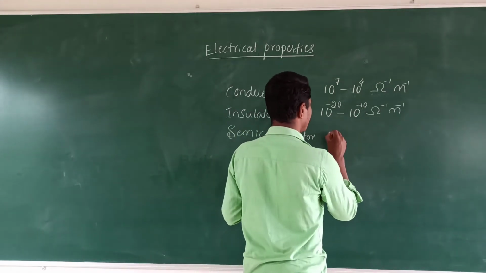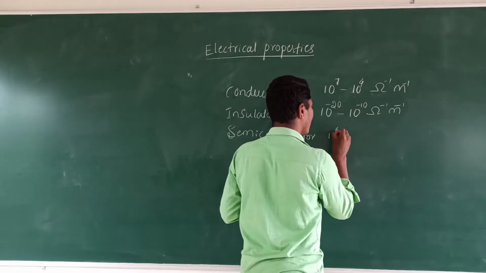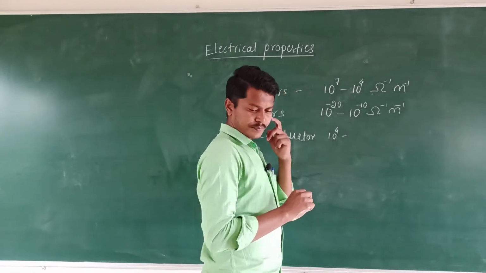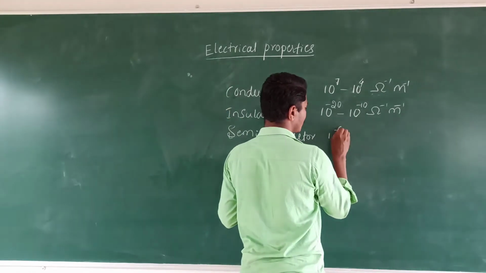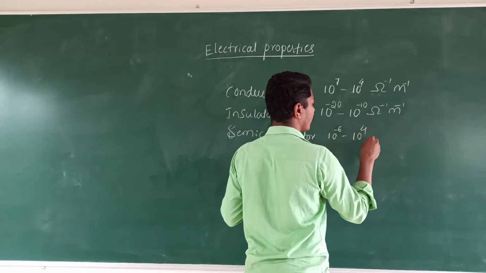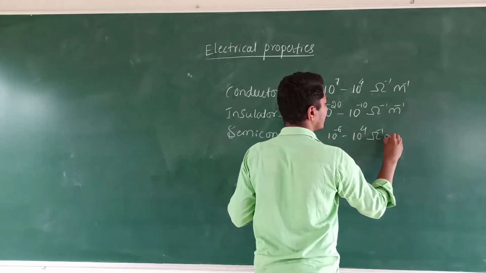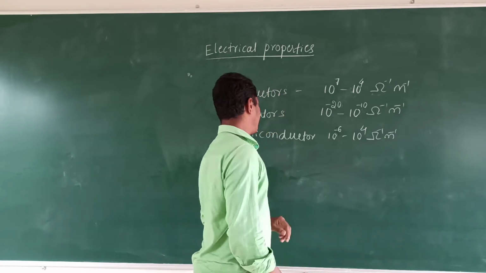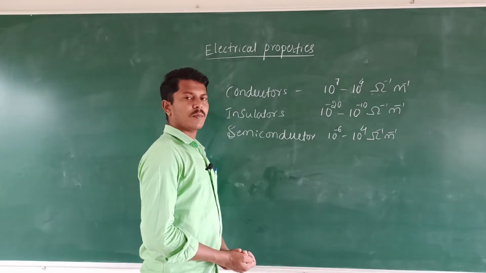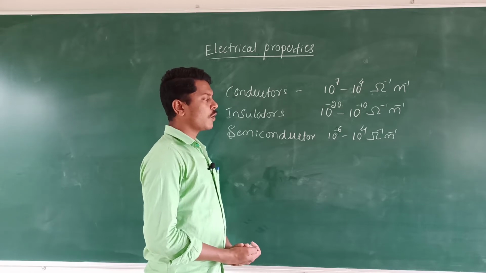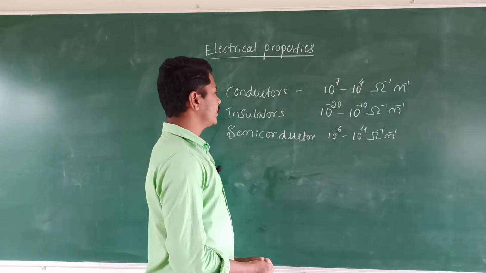Semiconductors have conductivity from 10 to the power minus 6 to 10 to the power 4 per ohm per meter.